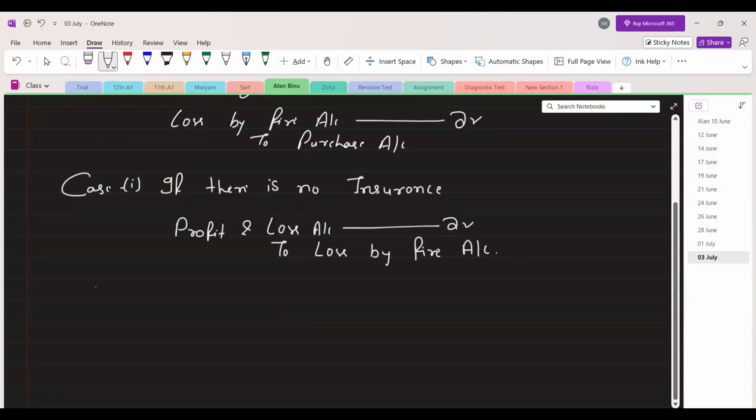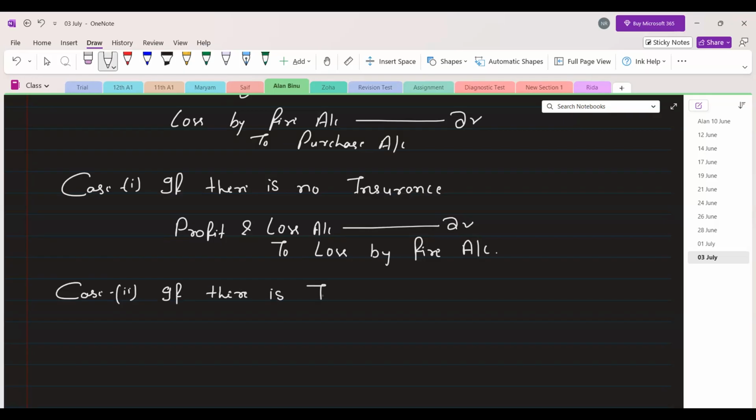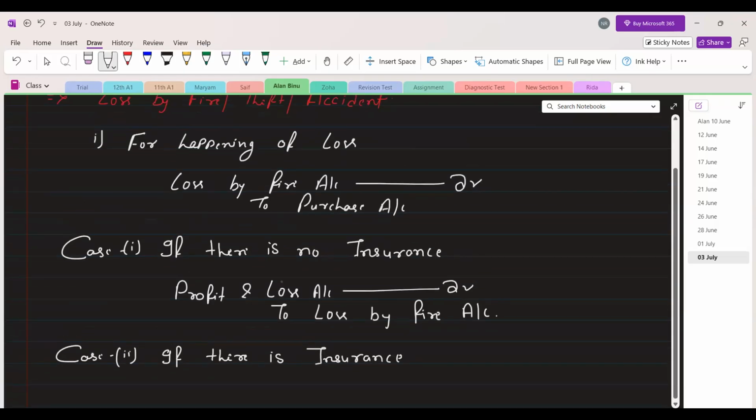Case number two, if there is insurance, then it means the loss that is incurred here is not full loss. Maybe some part of it will be recovered from the insurance company. So that's why it is not full loss.